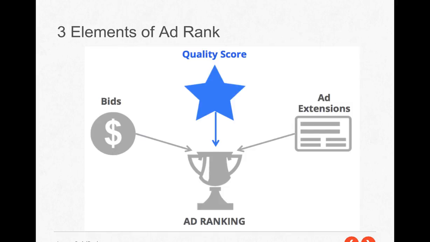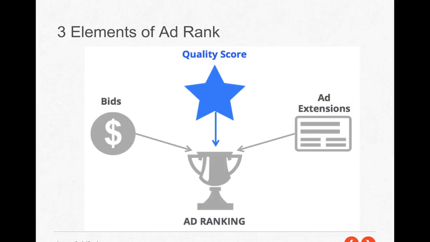Second is quality score. Now, quality score has a lot of different components, and Google's been a bit nebulous about it, where they're not really telling you how each thing is ranked. But what quality score is trying to do at the end of the day is determine how likely somebody is to click on your ad, because Google wants to serve its users the most relevant ads possible.